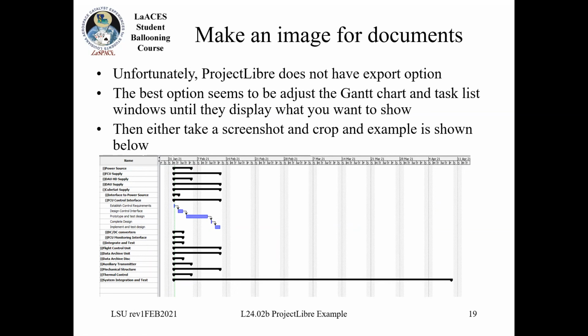So as far as I could tell, the best way to get an image of the Gantt chart is to resize the task window and the Gantt chart window here, and then take a screenshot and crop it, or use something like a screen capturing tool like Snip and Sketch in Windows. I'm sure Mac also has a similar thing.